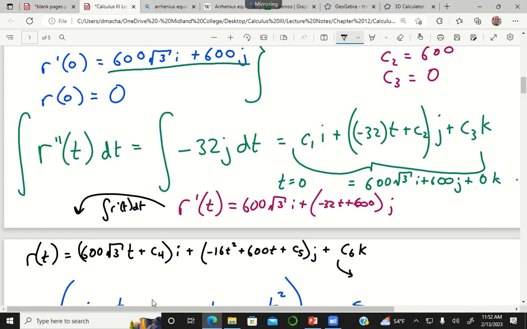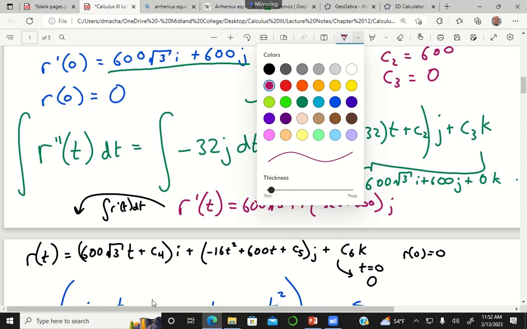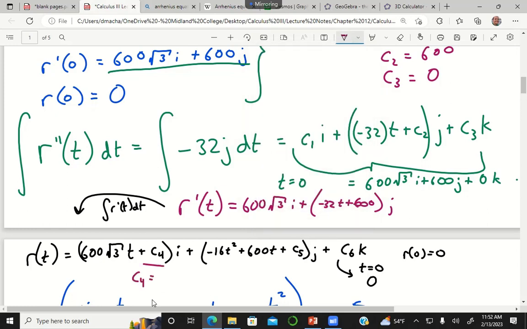But here, whenever I set t equal to 0, what I need for r of 0 is 0. So if I set t equal to 0, and I want my r of t to be 0, in other words, I want r of 0 to be 0, that means that this constant c4 has to be what? 0. And that means this constant c5 has to be 0. Because if I set t equal to 0, I need everything to be 0.